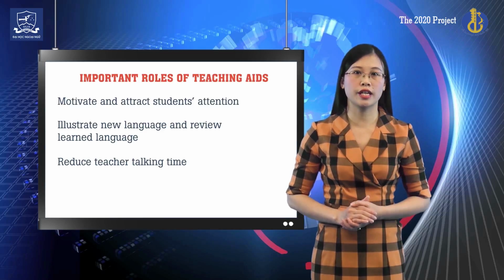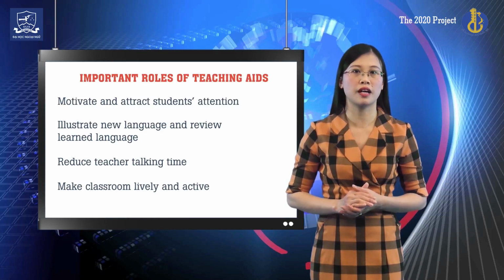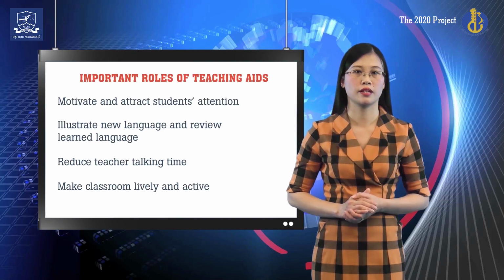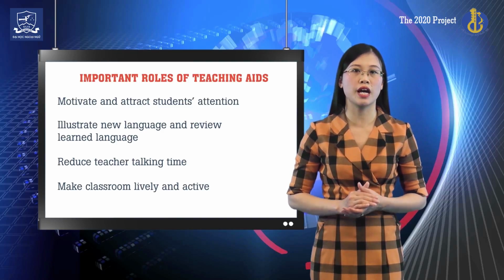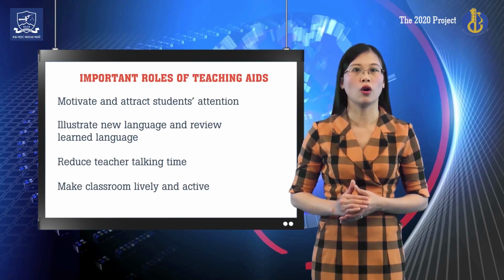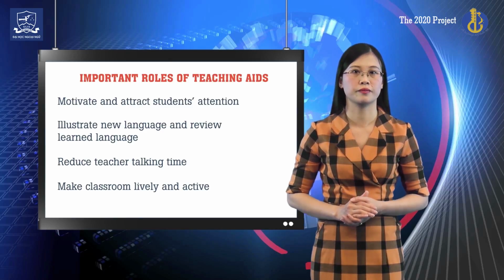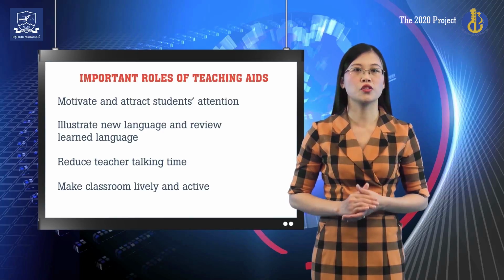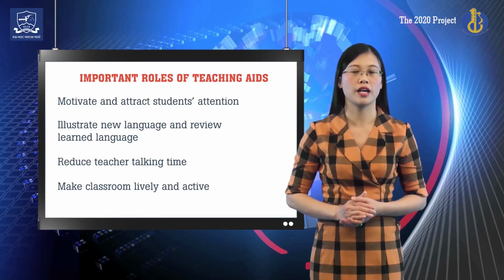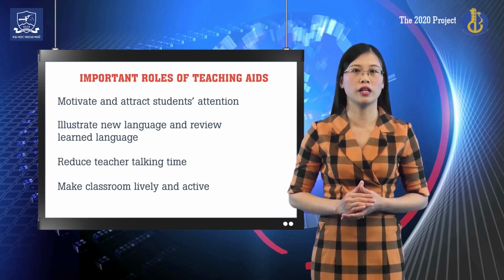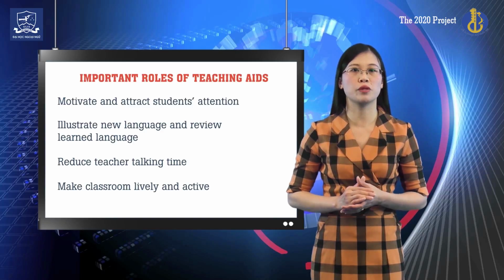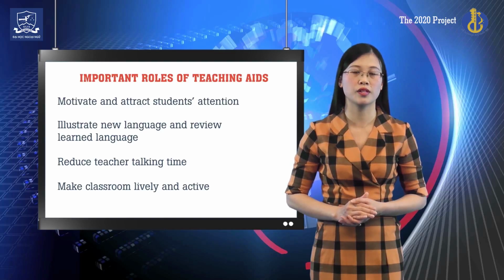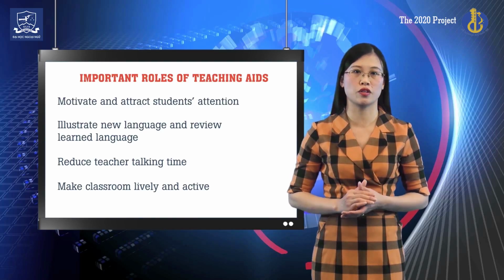Fourth, teaching aids make the classroom lifelike and dynamic, especially when realia, that is real or authentic objects, or video clips are used. Students can use their 5 senses to perceive real objects in the classroom, while video clips tend to be appealing with sounds, pictures, and special effects.